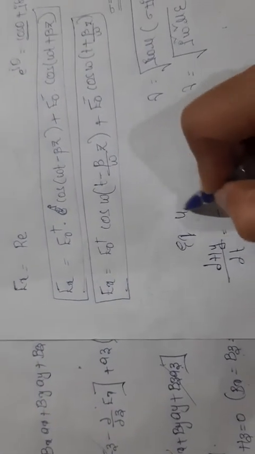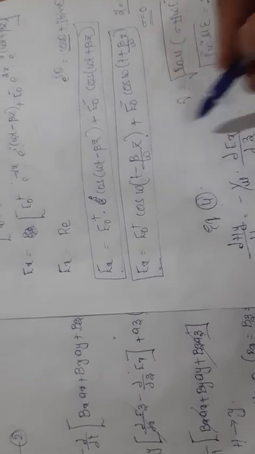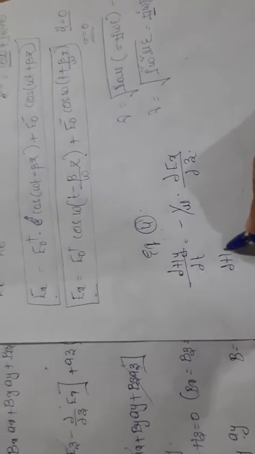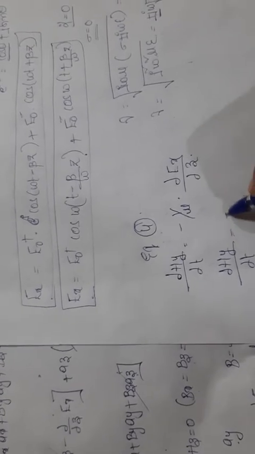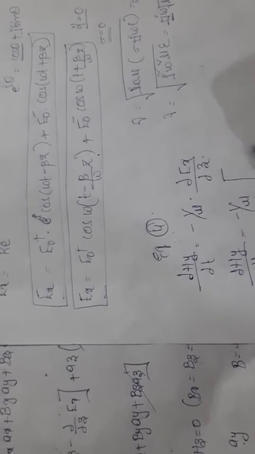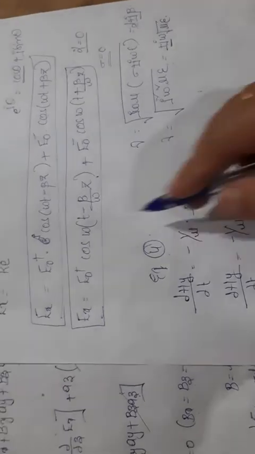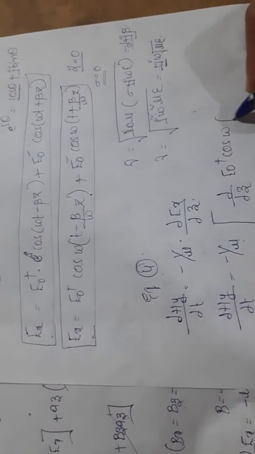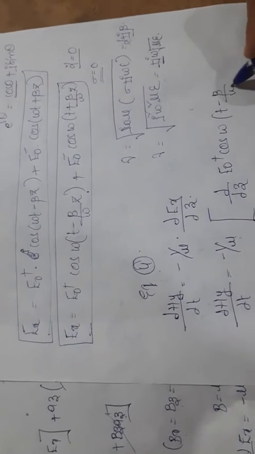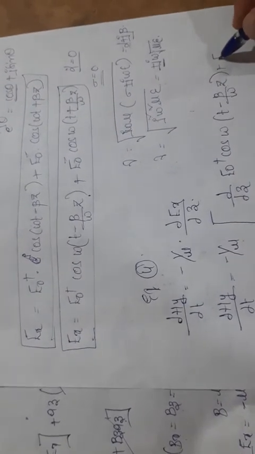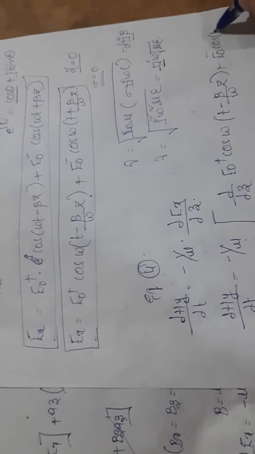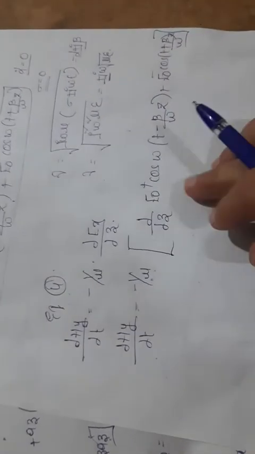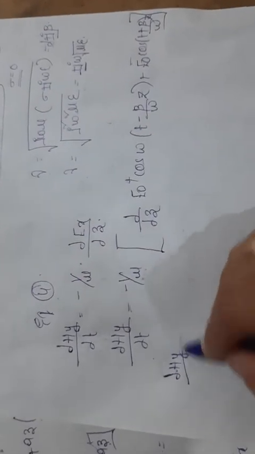By substituting this Ex here, we'll get Hy. So ∂Hy/∂t is equal to minus 1 by mu into the differentiation with respect to z of this Ex: E naught plus cos of omega into t minus beta by omega z plus E naught minus cos of omega into t plus beta by omega z. First do the differentiation with respect to z.